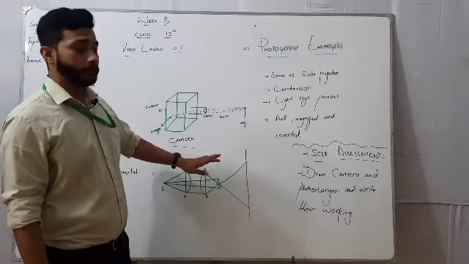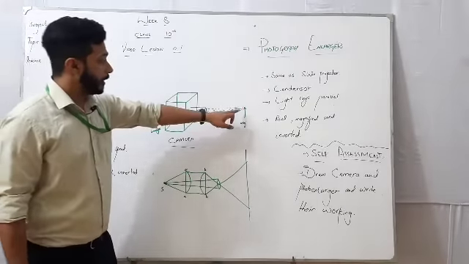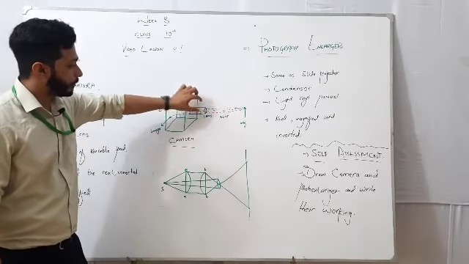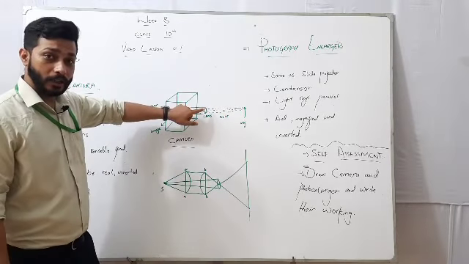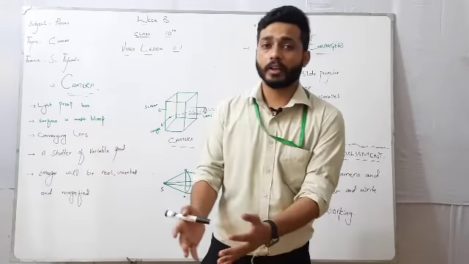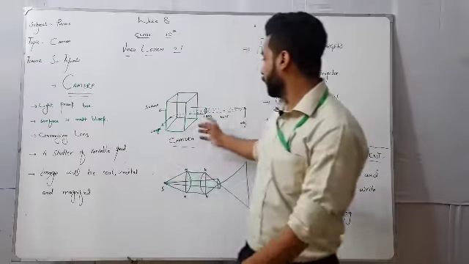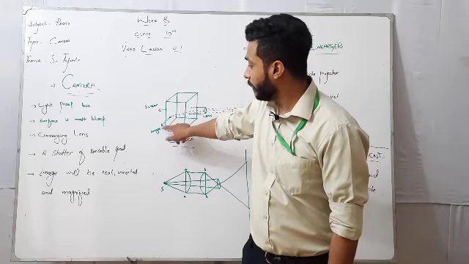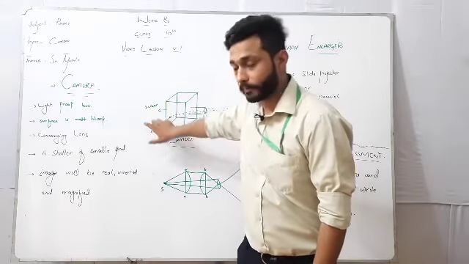So basically the object is here and the principal axis lines will move from it and pass through the lens. The lens will converge them. We all know that we are using a converging lens. It will converge them to the same point and an image will form on a screen.